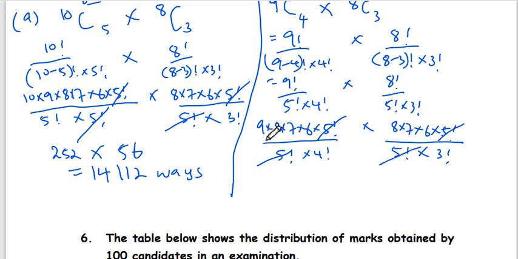So we have 9 times 8 times 7 times 6 divided by 4 factorial, that gives us 126 multiplied by, I think we've done this before, so this is 56. This is it here, 56. So when we multiply this, we have 7056, 7056 ways.